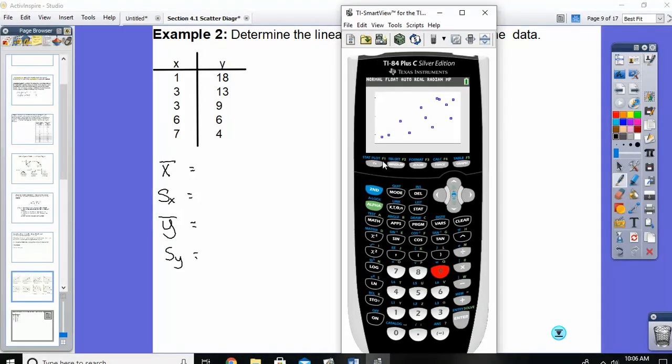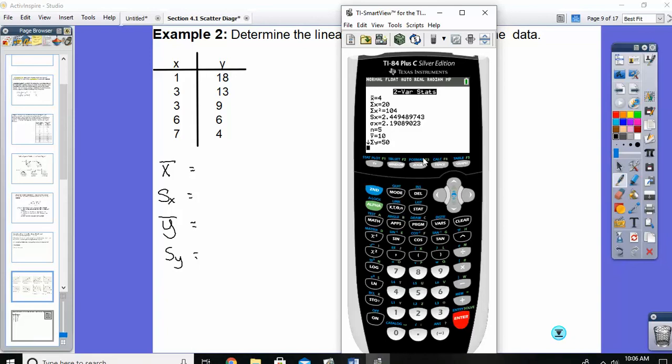So if I go to Stat, we're going to enter those things in L1 and L2. And then we go to stat, calculate, what do I want? Two variable statistics. You should just be able to enter through this screen.